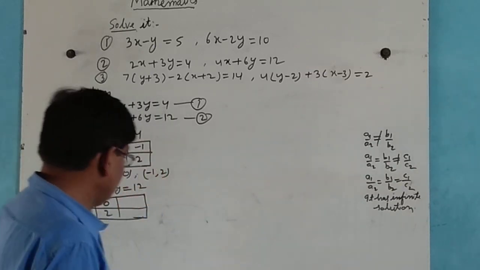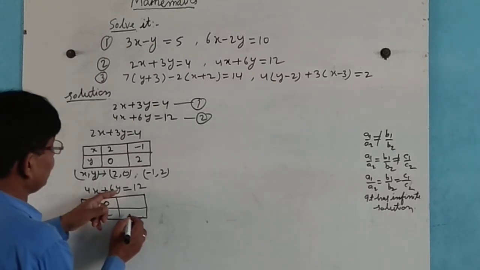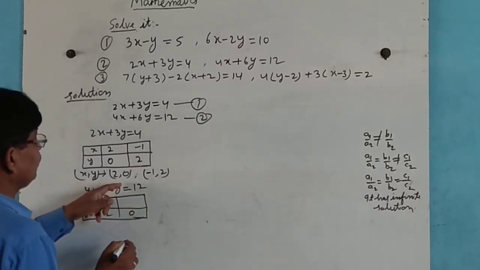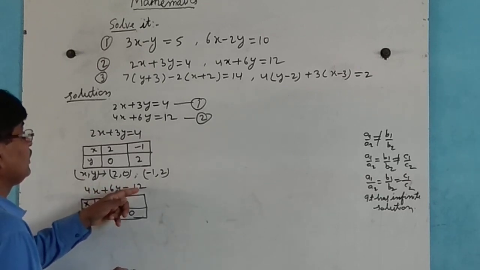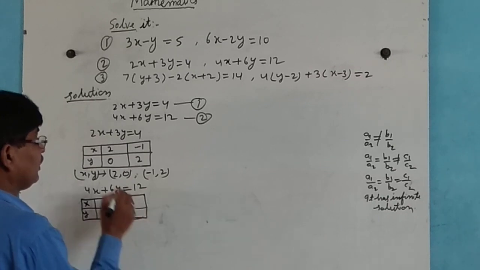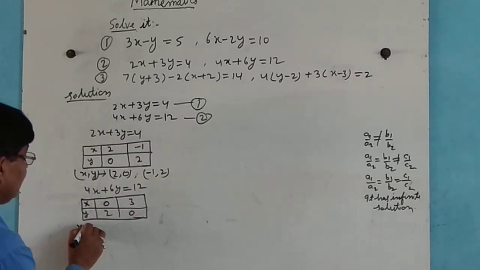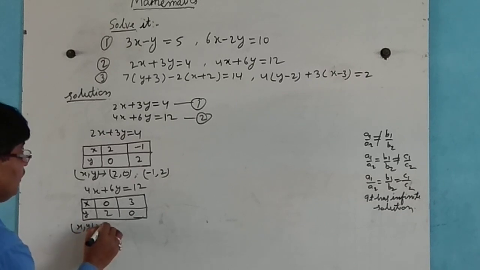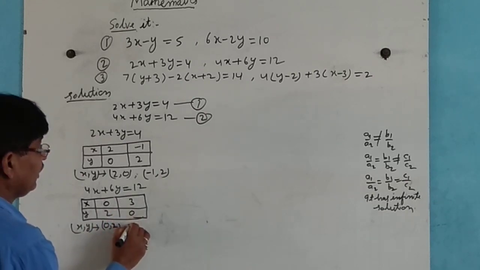And if you put y equal to 0, this quantity equals 0 and 4x equal to 12, and x is equal to 12 by 4, 3. So x, y is 0, 2 and 3, 0.